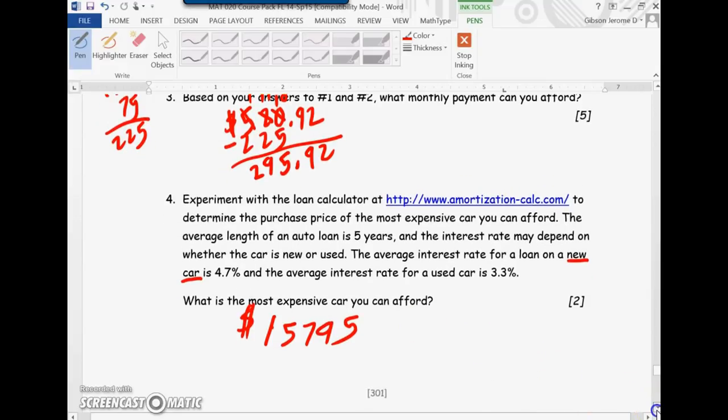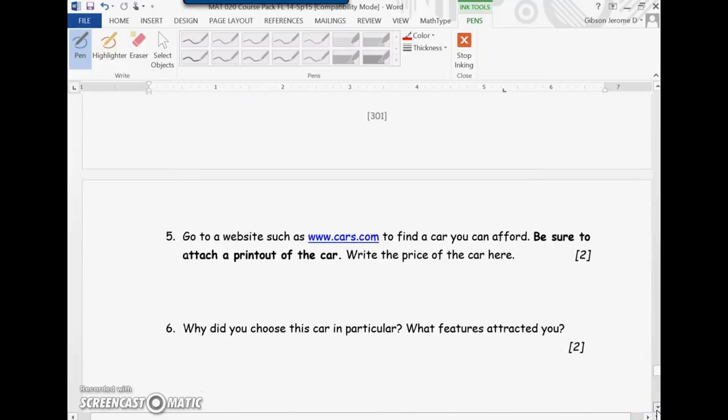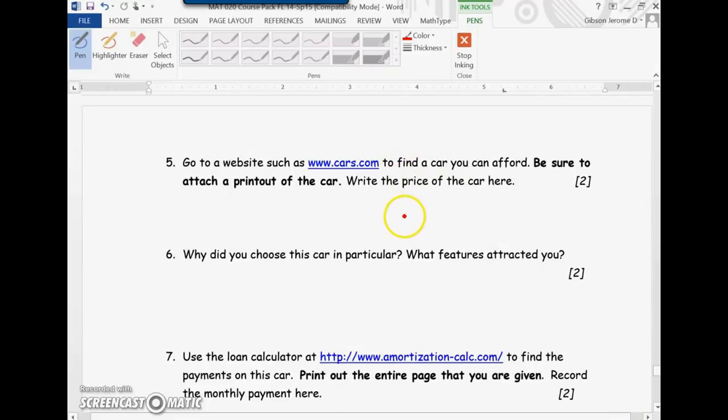So we go to the next page here. It says go to the website cars.com. You can find a car there, and all I want on the printout is just the car and the amount of the car. And then it says write the price of the car. Let's say I found me a car for $14,595.